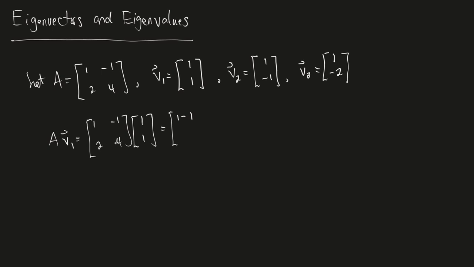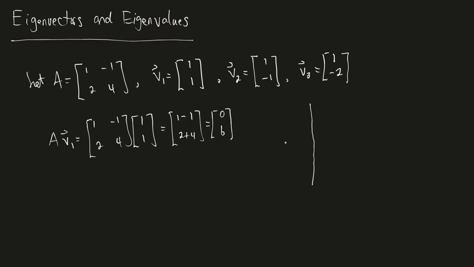And then the second row with our single column, that's 2 + 4. And then we end up with the vector 0, 6. So let's sketch this. This was our original V1 vector, and this is the product of A and V1.